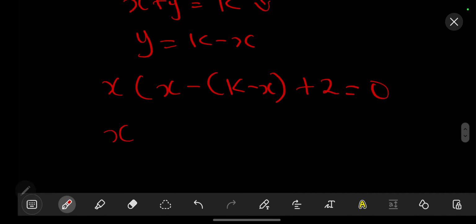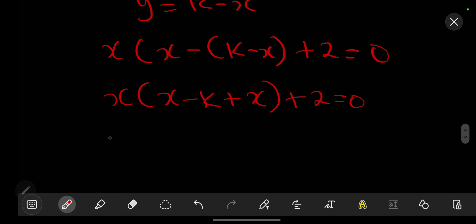So we have x, negative times positive k will be negative k, negative times negative x will be positive x. Then we have plus 2 equal to 0.